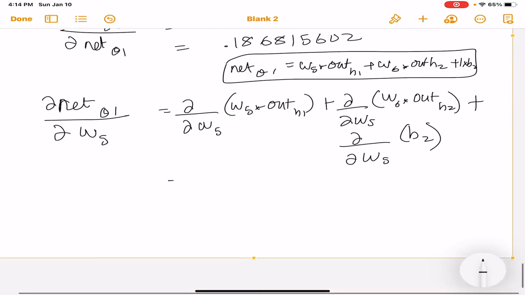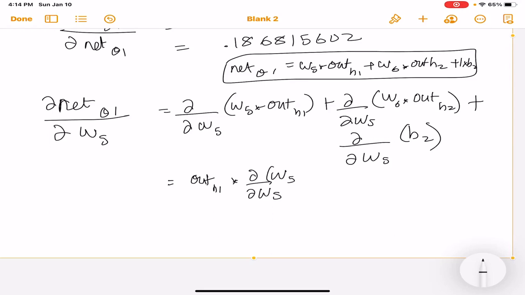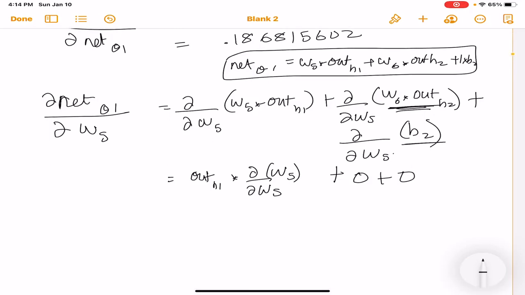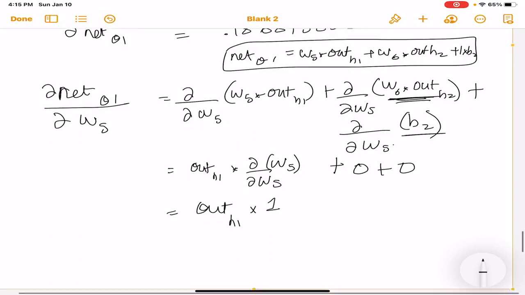So from this it is out H1 into dou by dou W5 of W5, plus this part of the equation is 0 because there is no W5 in this equation, and this is also equal to 0 because there is no W5. So what you are left with is out H1, and we know dou W5 by dou W5 is nothing but 1.